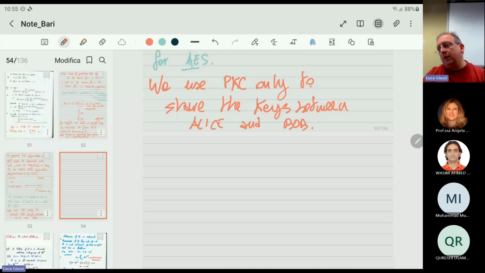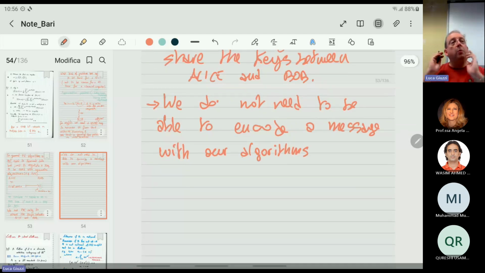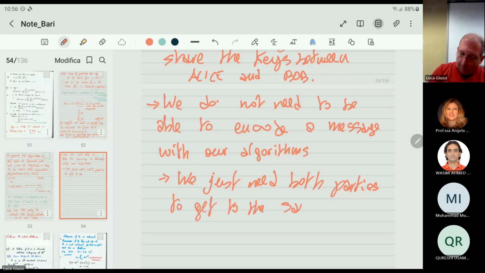And this leads to the idea that we do not need to be able to encode a message with our system, we just need to be able to get both parties to the same secret.